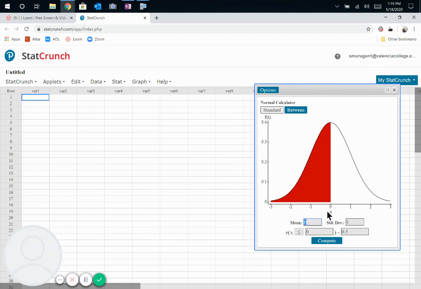Into the mean, I want to enter 29.5. Hold on, not allowing me to type here. See if that works.